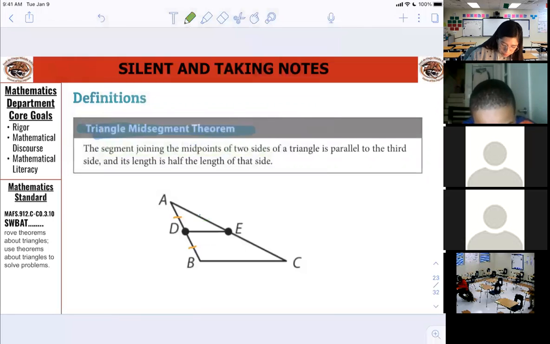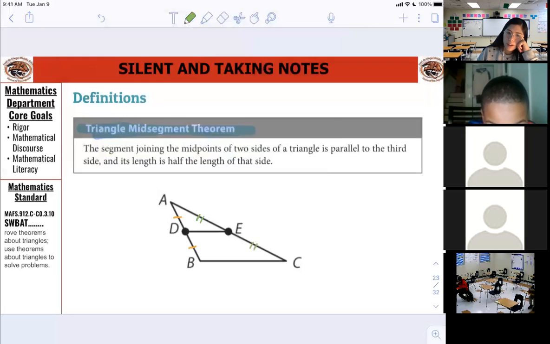So there's two pairs of congruent sides. And then based on the triangle midsegment theorem, what else can I mark up on this diagram? Read it again to yourself.